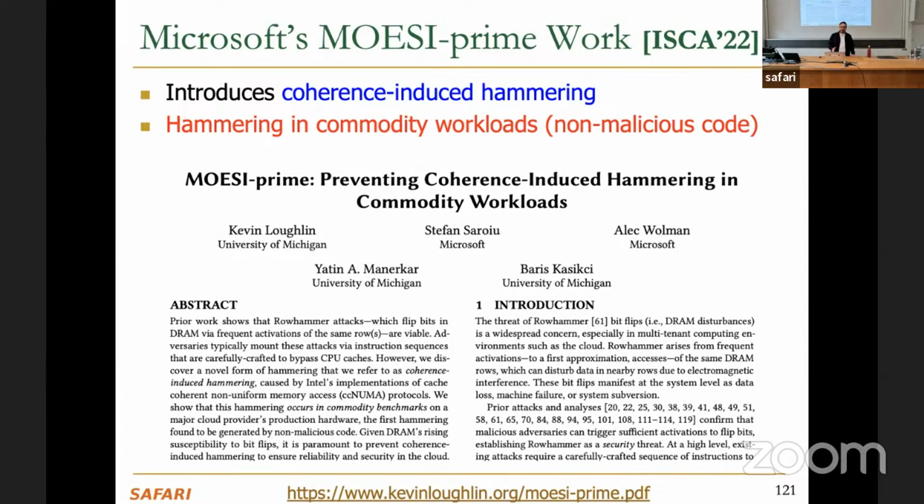And in this case, you don't even need a malicious user doing anything wrong. Basically, some improvement, some implementation you did in your architecture causes this hammering access pattern.